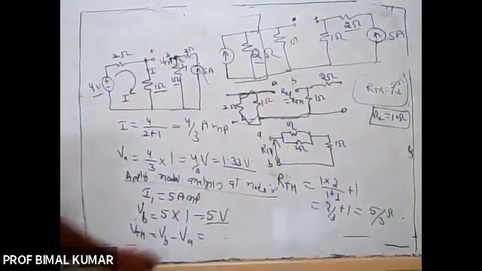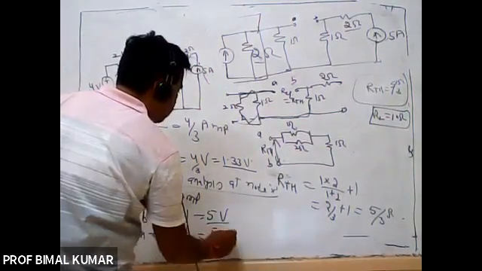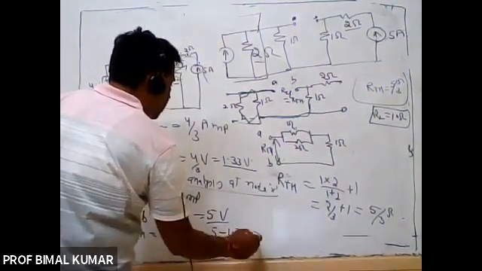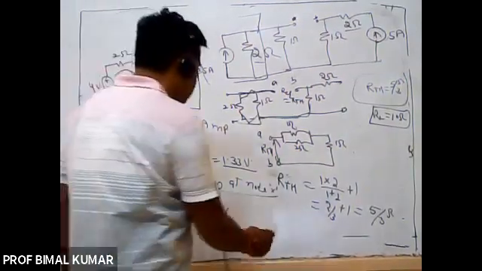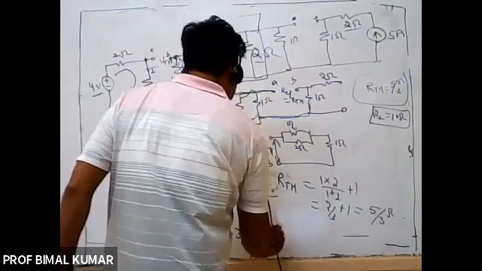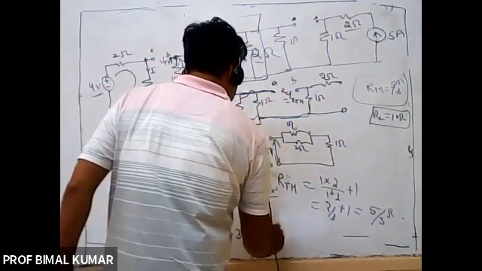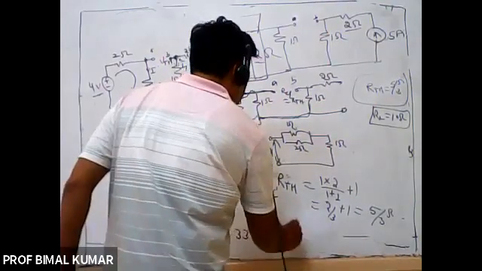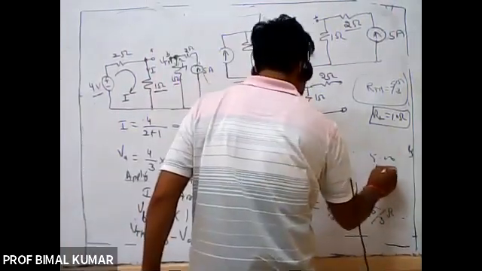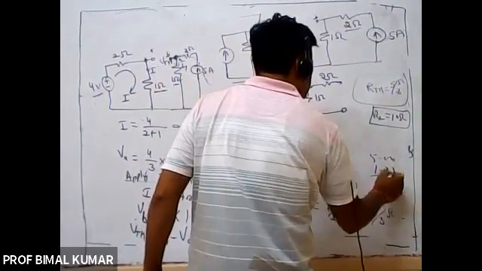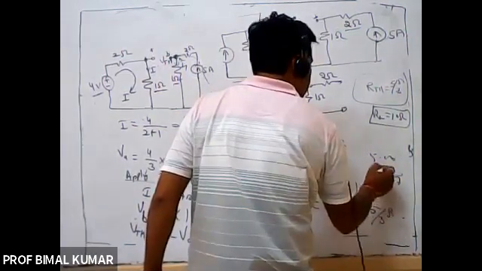So that will be 5 minus 1.33, which is 3.67 volt. So the value of VTH will be 3.67 volt.